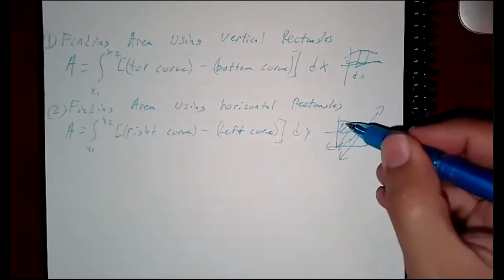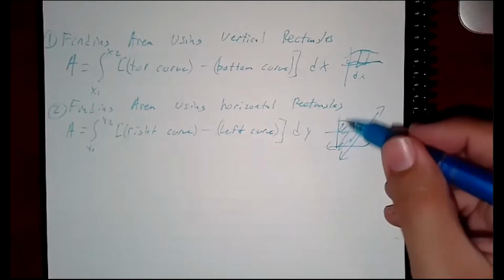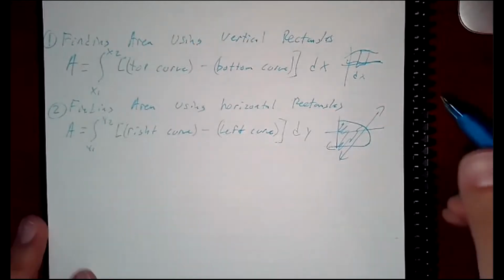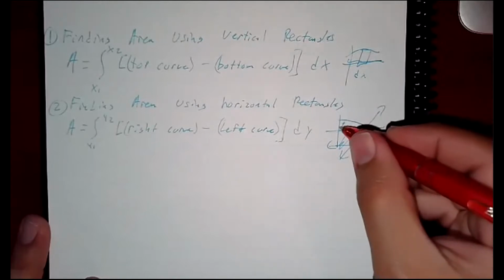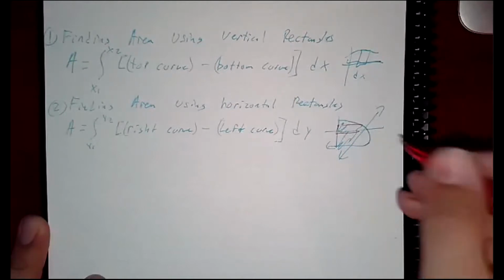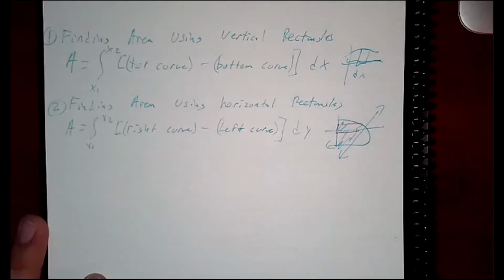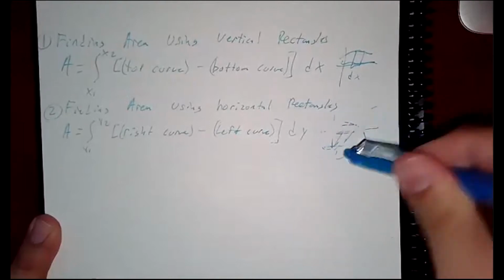If I were to draw a rectangle vertically, I would hit the parabola twice. You see that? But if I were to go horizontally, I would only hit each one time. Okay. Well, let's just start a question because that looks too ugly. Let me give you a better example.